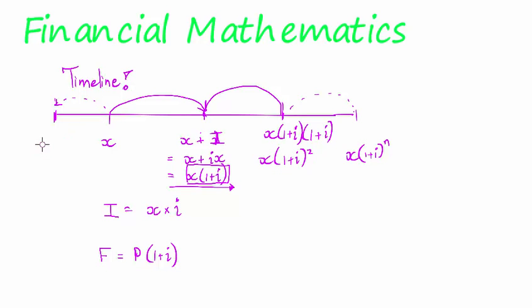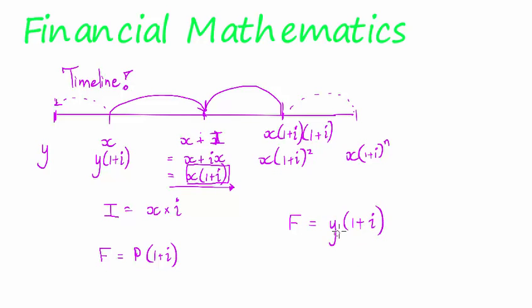If this value was y, when it gets here it's y(1 + i). So the future value is equal to the value in the past times (1 + i).